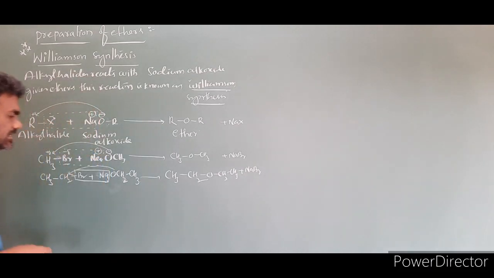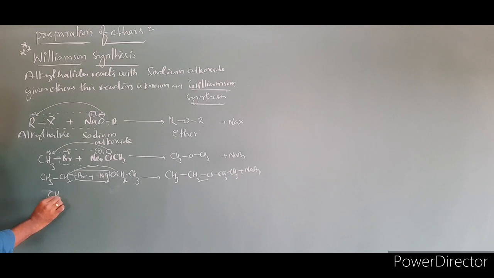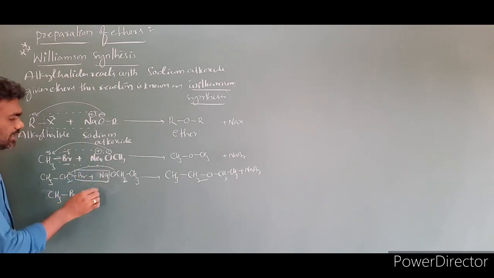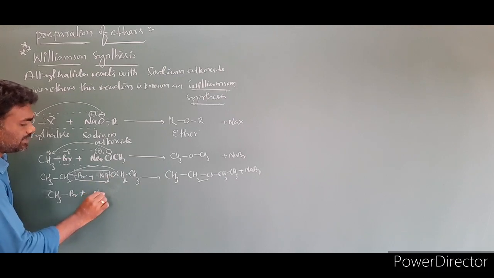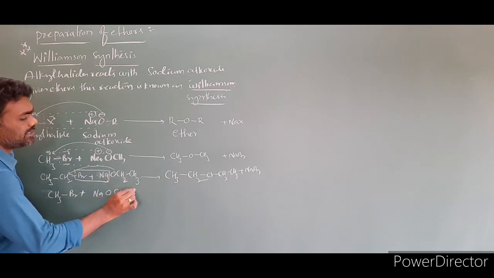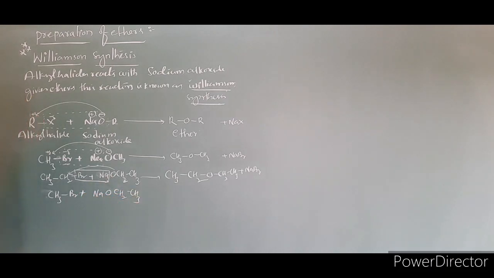We will take one unsymmetrical ether. I am taking an example of CH3Br, and I am changing the alkyl group, taking NaOCH2CH3. Look at this example. This is O minus, this is Na plus.